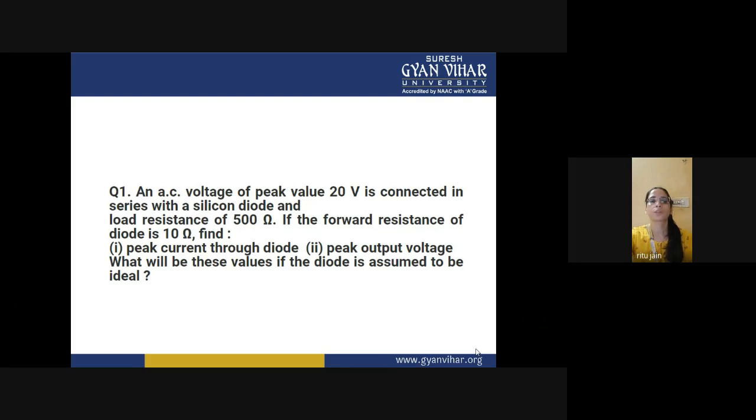The question is: an AC voltage of peak value 20 volt is connected in series with a silicon diode and a load resistance of 500 ohm.